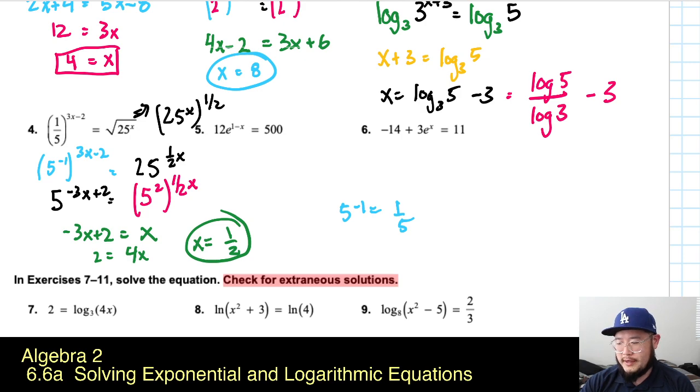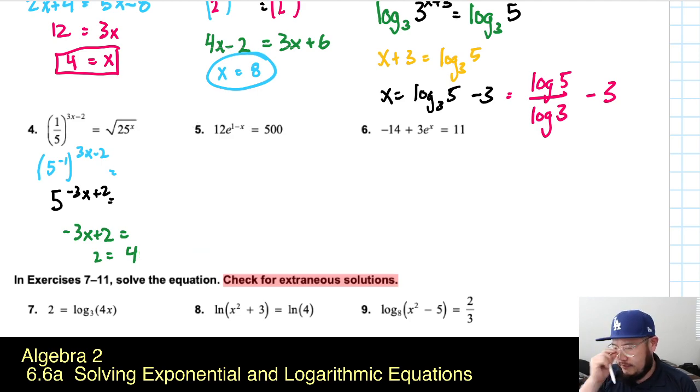I'll erase some stuff here, give some space. And before we do any sort of base changing and all that stuff, let's see if we could get the variable by itself, or as close to by itself as we can.